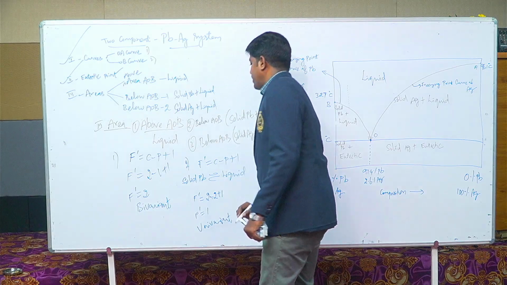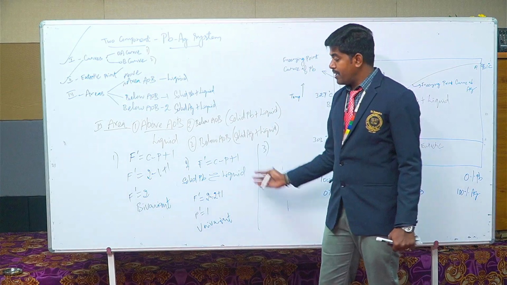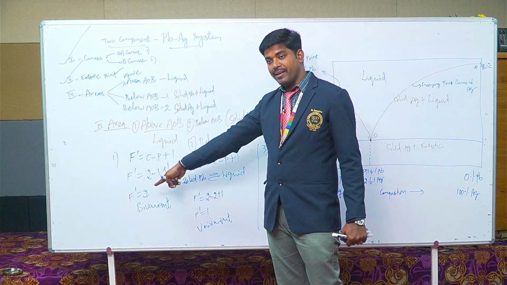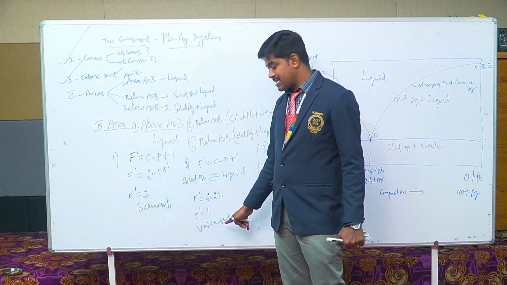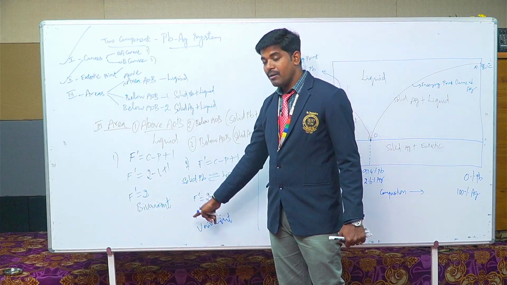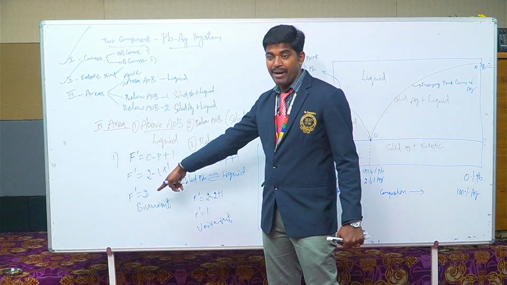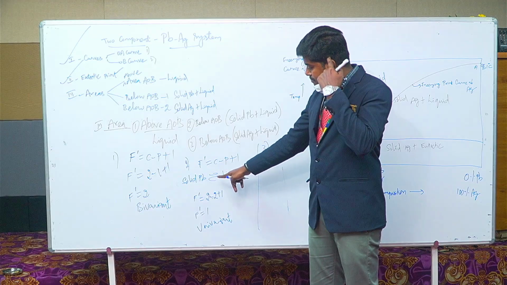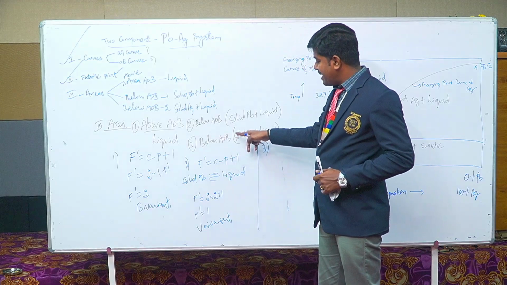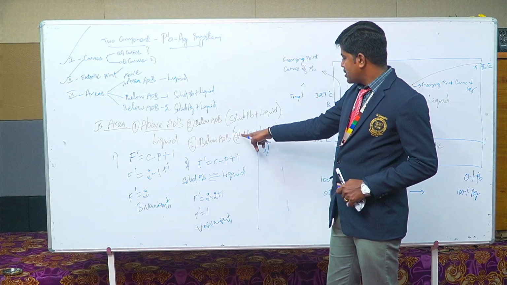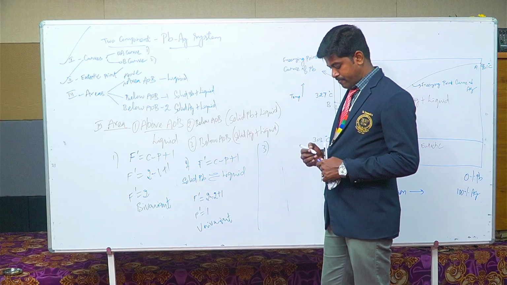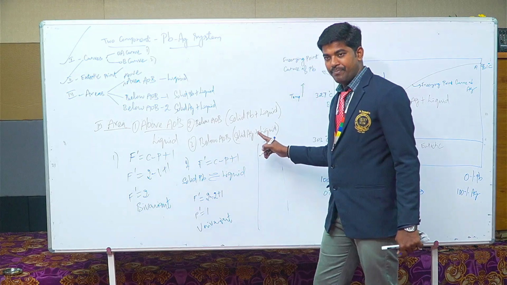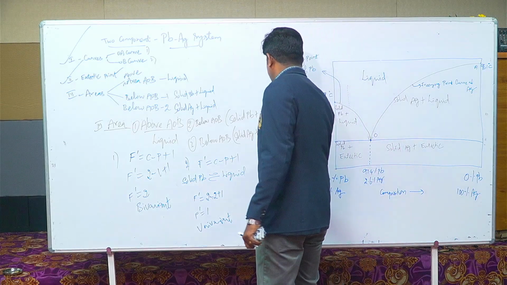See, for both areas, in above AOB the system is bivariant, and below AOB the system is univariant. The same thing we need to calculate for the other area, that is solid silver with a liquid. Before that, you need to write the equilibrium reaction.